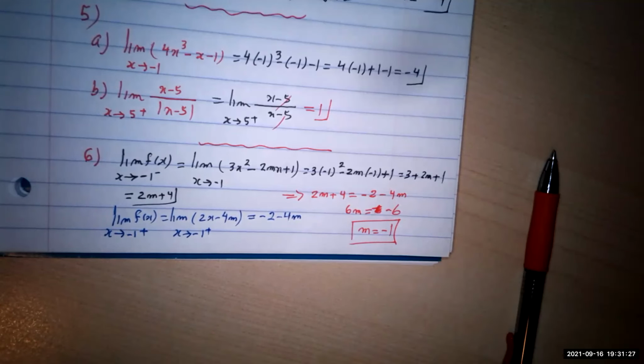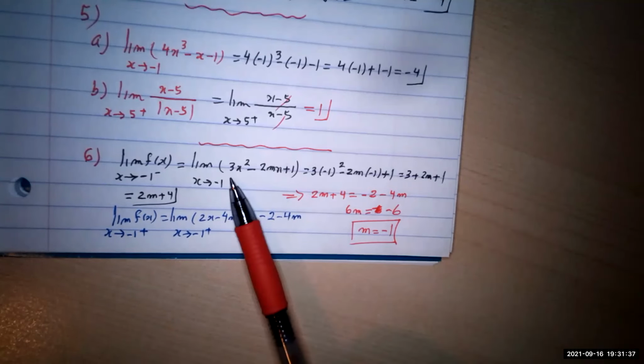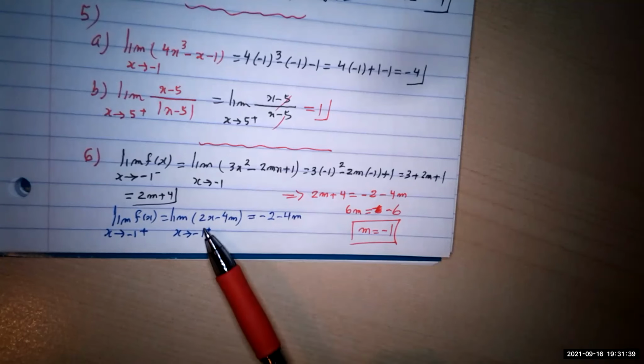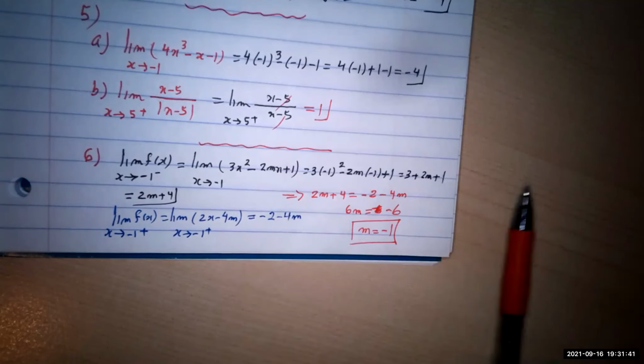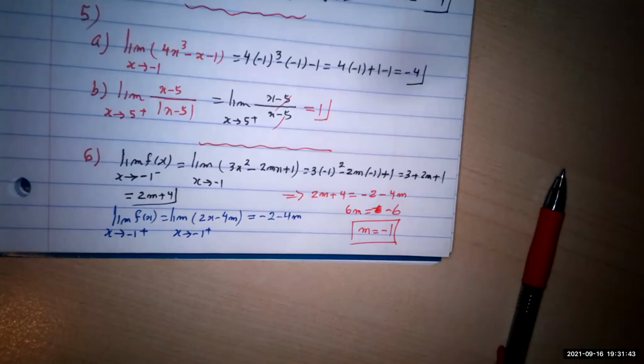Again, some of you used the wrong method that I told you not to do. What you did, you didn't use any limit. You let the first part and the second part be equal to each other, and you substituted x equal to -1, and you got m equal to -1, but you probably get at most 2 out of 4.